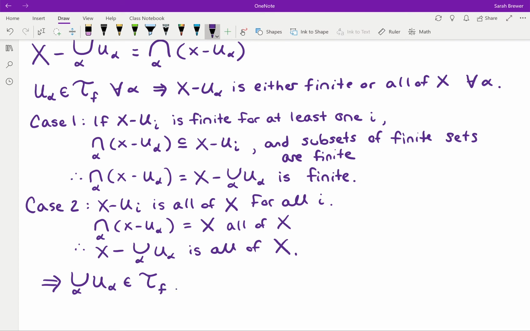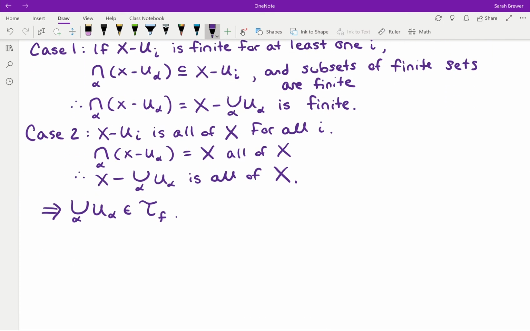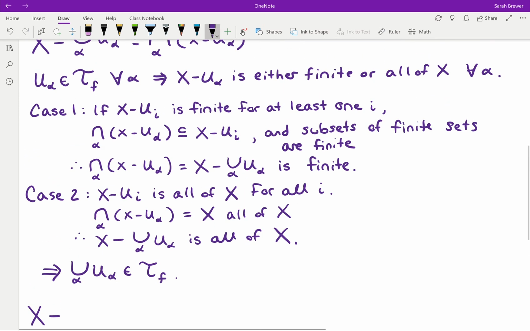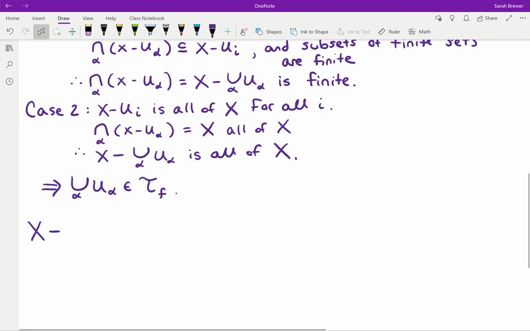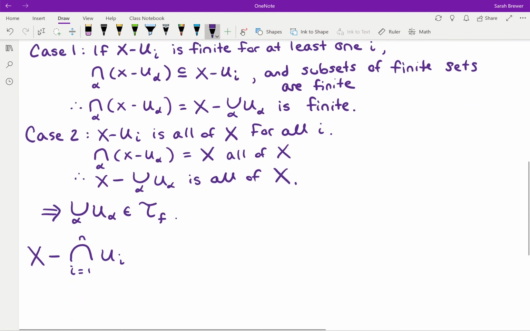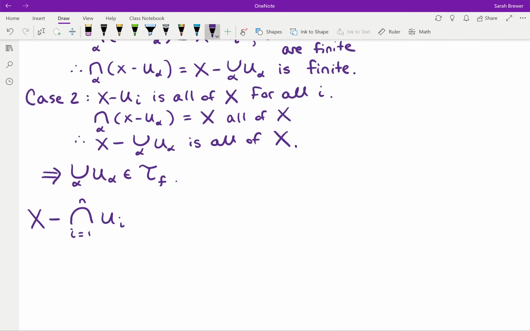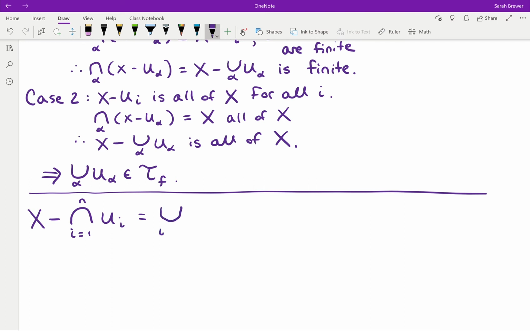Okay, so then now we need to look at the complement of the finite intersections. Okay, so again, by De Morgan's laws, this is going to be equal to the union of complements.